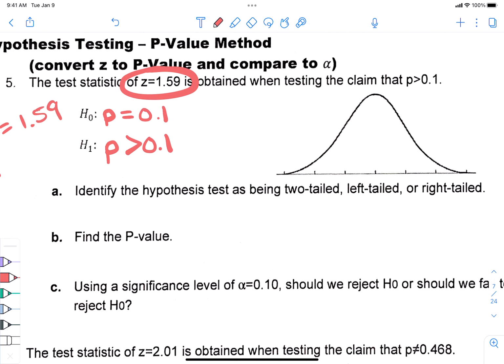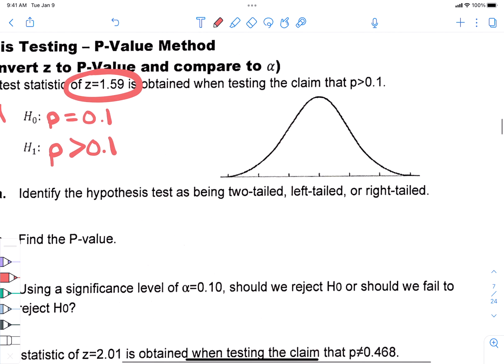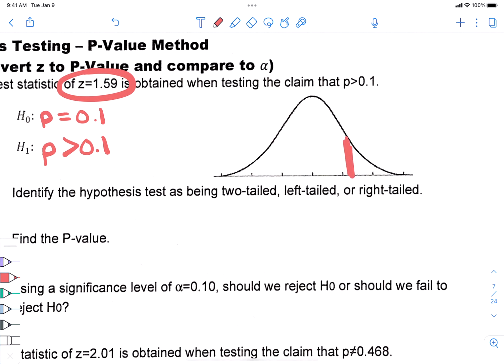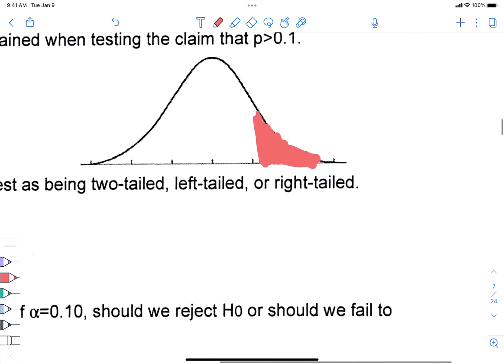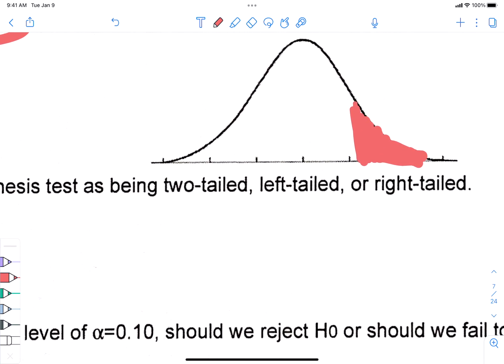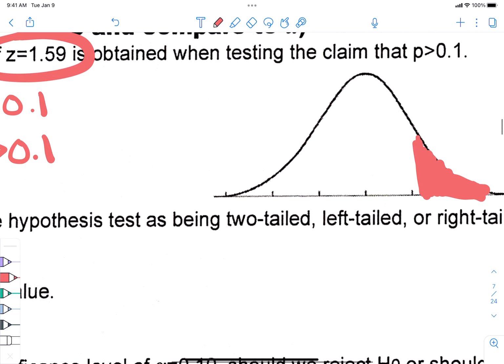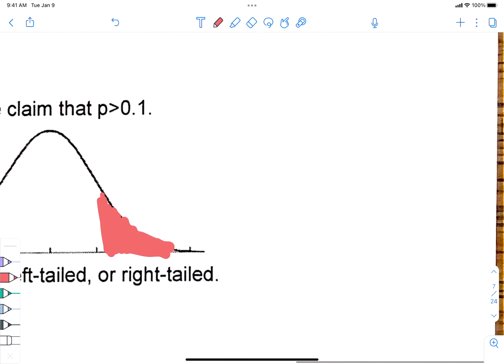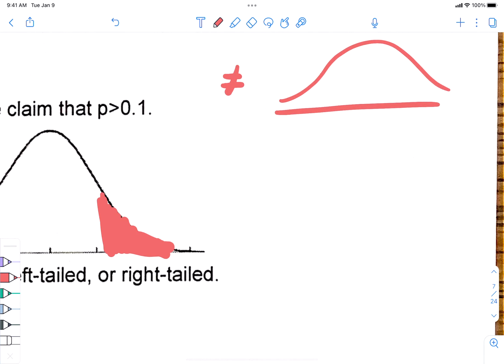Okay? Now, this changes this just a little bit because you are only going to be looking at this right side here. If it's not equal to, you're looking at the two sides. But if it's greater than, you're looking at that side. If it's less than, you're looking at this side. Let me put a little key code over here. Not equal to. Your bell curve is going to be shaded this way. This is what not equal to does.